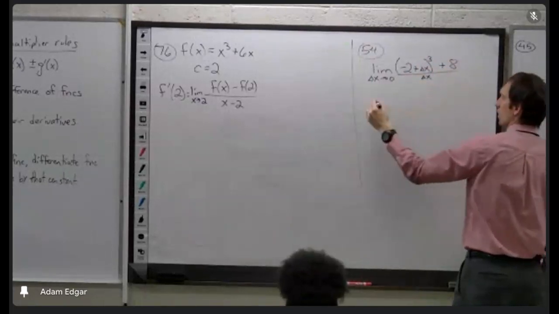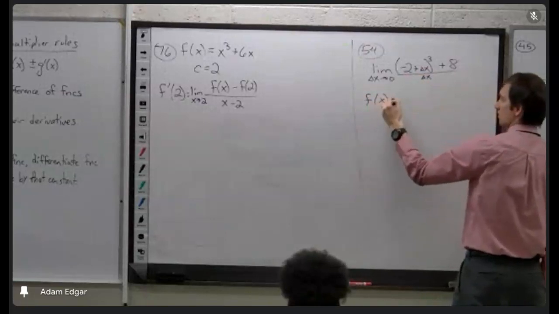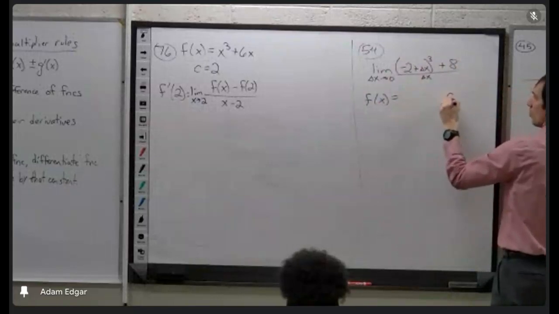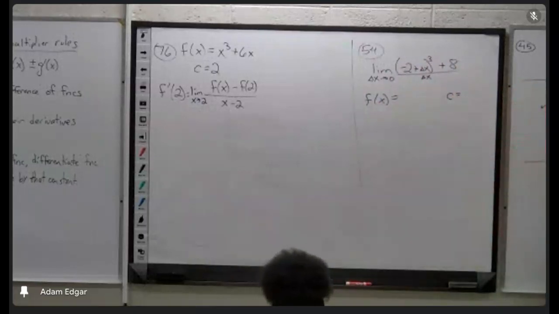And we want to find out what's the function that's being differentiated by this limit and at what x value, what's the c, right? And then 53 and 55 were the same prompt with different limits. Anything else we want to look at?